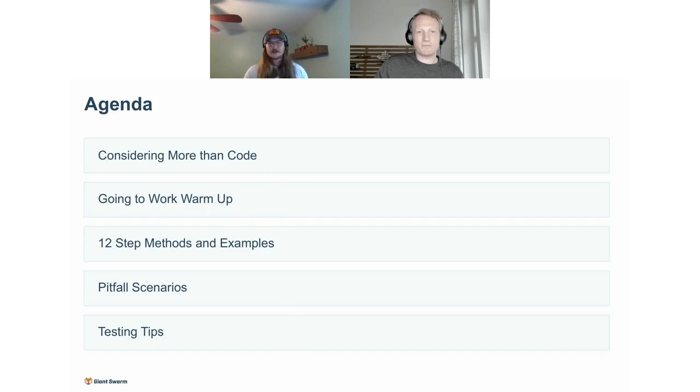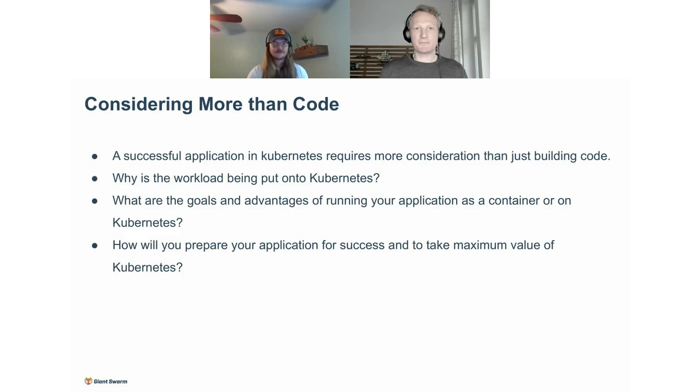Then we'll go into our pitfall scenarios: real-life scenarios of things we've encountered in customer environments, why they were detrimental or hard to get out of, and how we would fix them in a best-case scenario. Finally, a few short slides on testing tips, essentially our view on how we make sure that by the time these get into production, they are reliable and we're confident in their performance.